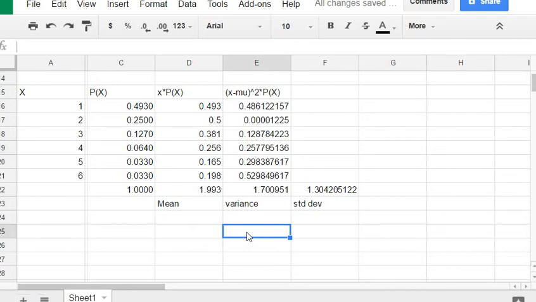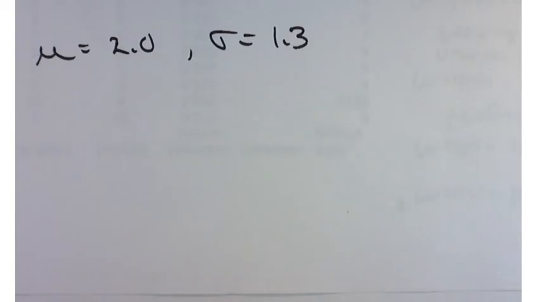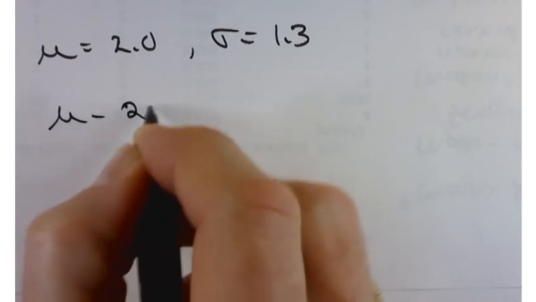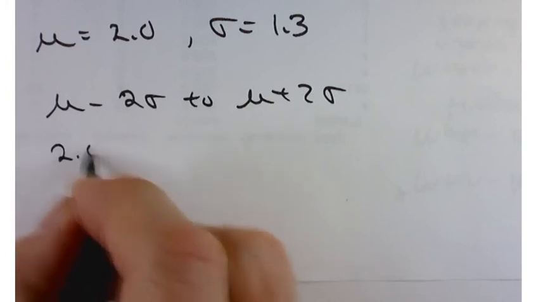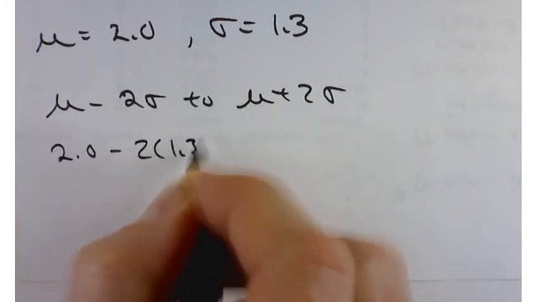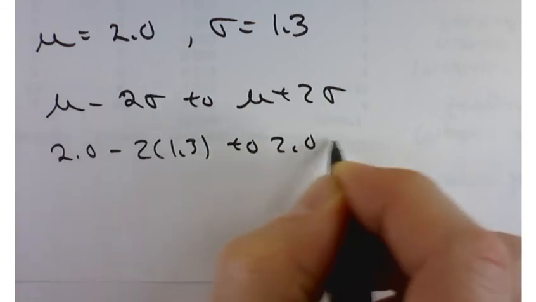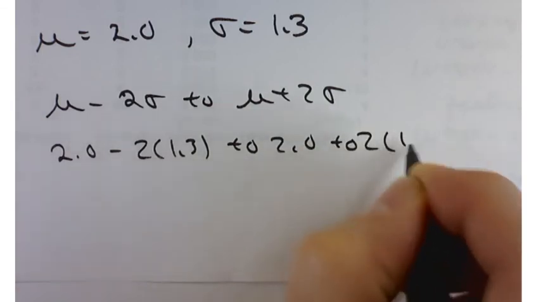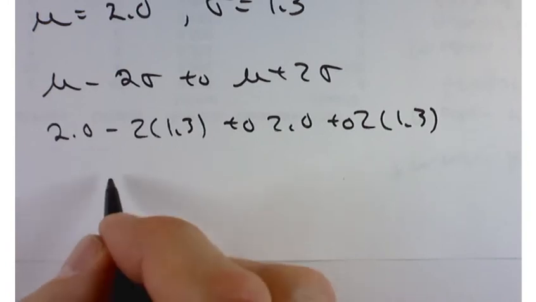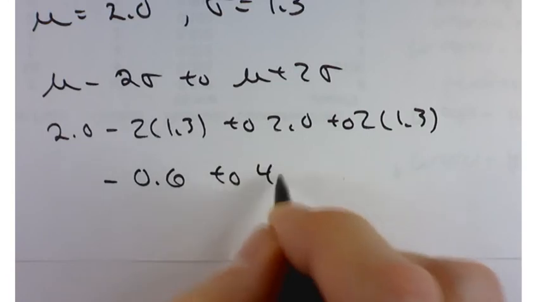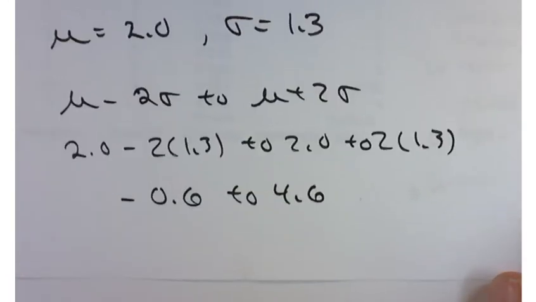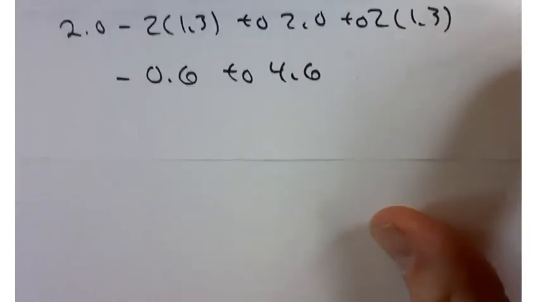The numbers are pretty straightforward, so I'll do them by hand in the notes here. So mu minus 2 sigma to mu plus 2 sigma is going to be 2.0 minus 2 times 1.3 to 2.0 plus 2 times 1.3. So it's going to be negative 0.6 to 4.6. So those would be your typical values.